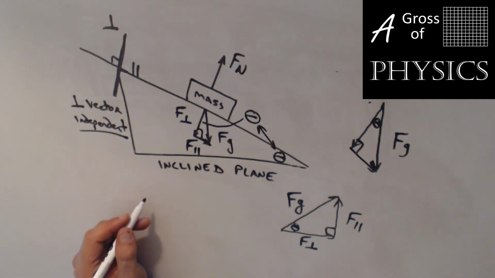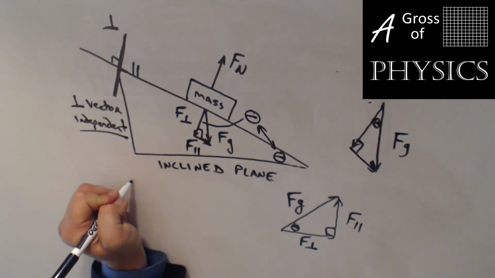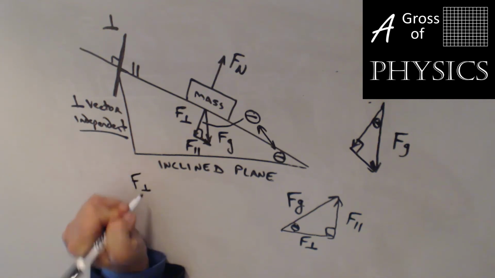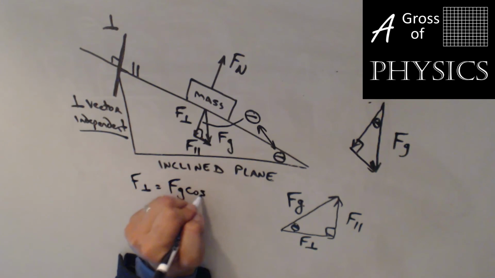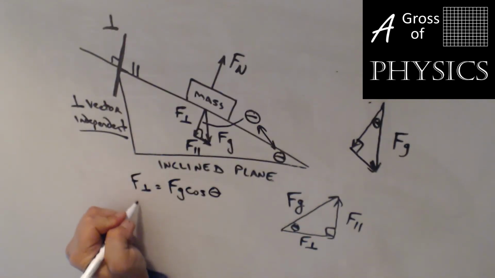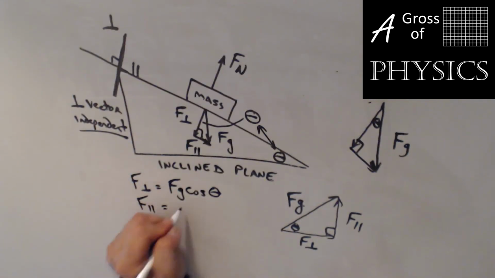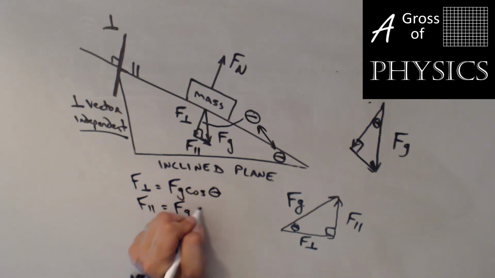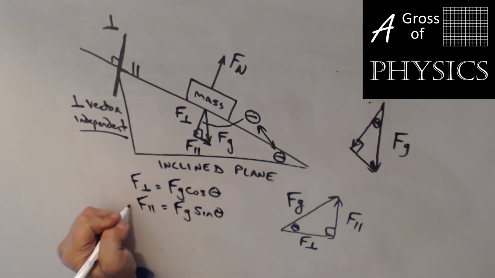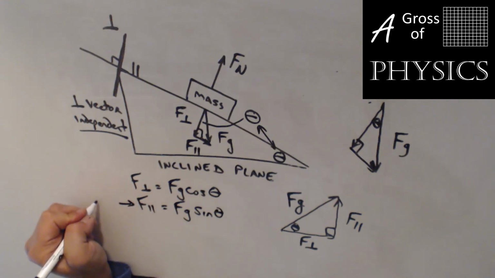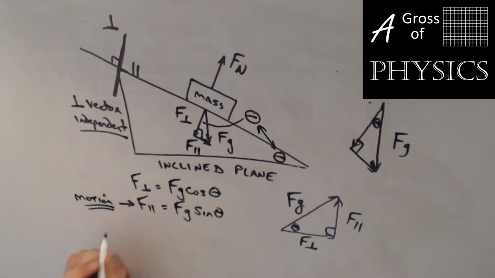So in order to find the legs of gravity, you're going to do F perpendicular equals FG cosine theta, and F parallel is going to be FG sine theta. Now, parallel is going to move it down the incline.